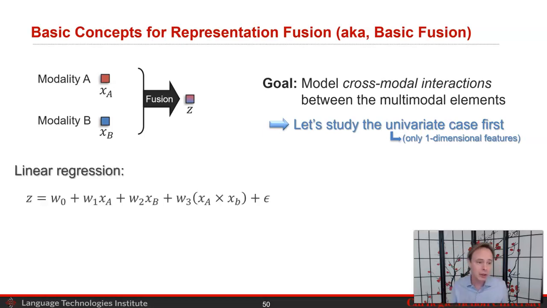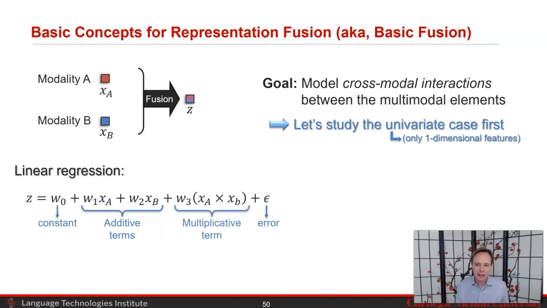Because once you do this, then you can start writing things in the same way you would in a statistical model, like a linear regression model, where here you will have your constant that doesn't change. You'll have the error, everything that is not modeled properly by your linear regression model, and then you'll have two types of terms: the additive terms, where each modality has a parameter associated with it, so it's weighted, but then simply added, and then you have the multiplicative terms.